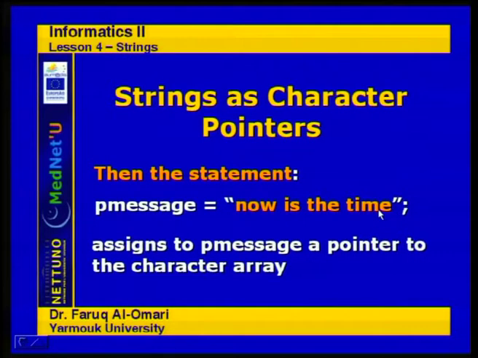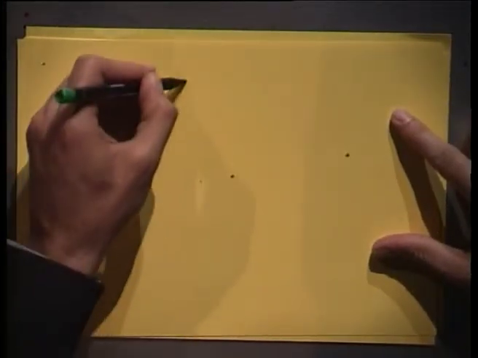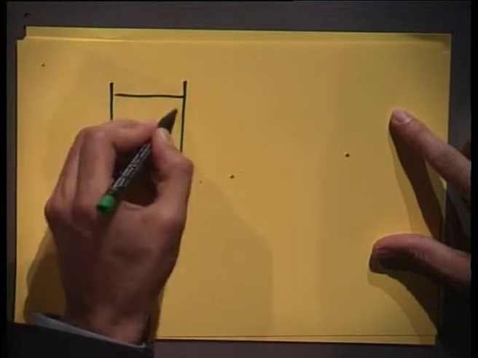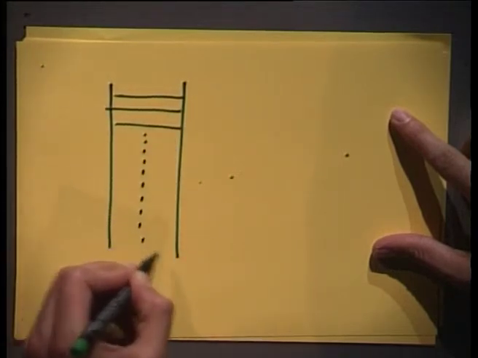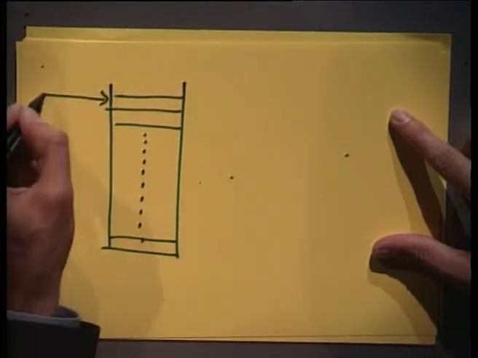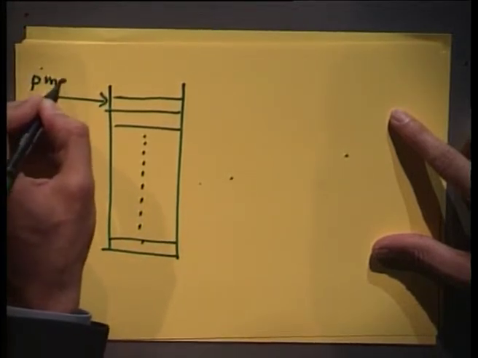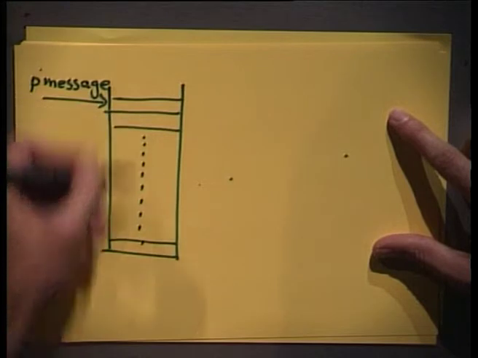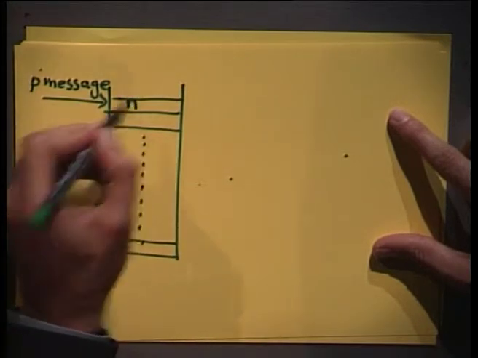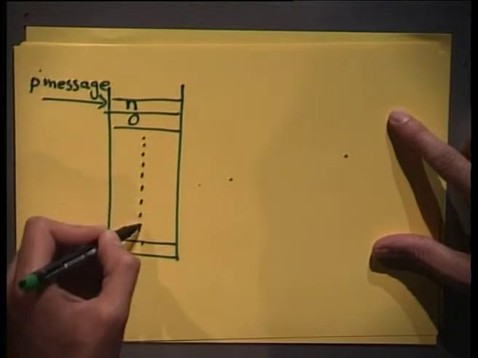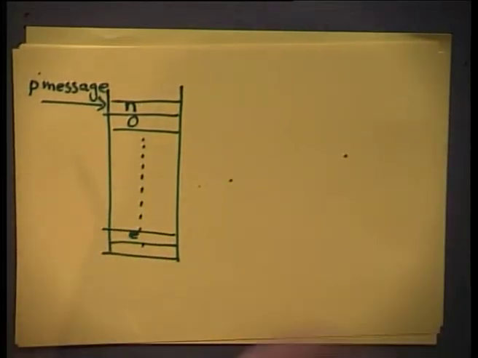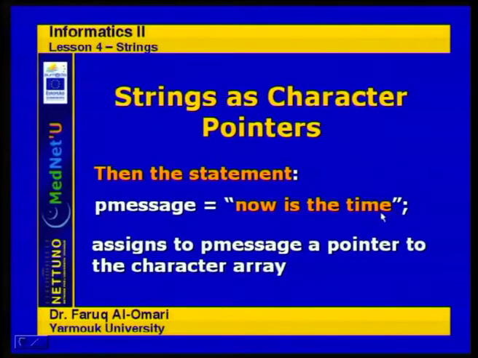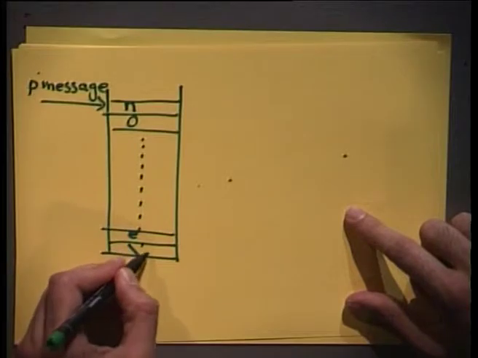In this case, pmessage will be pointing to the block of characters starting from N, O, and so forth till the very last character E, followed by, of course, the null character.